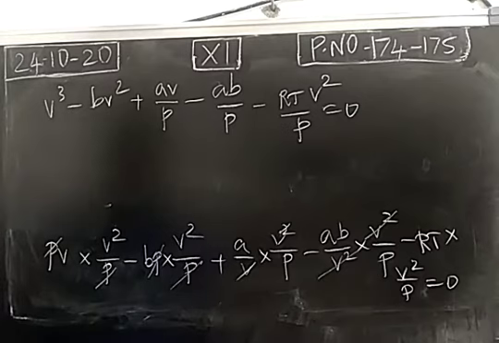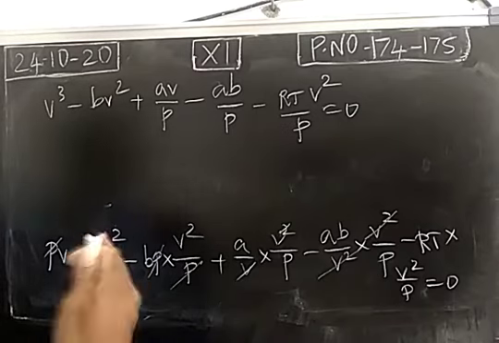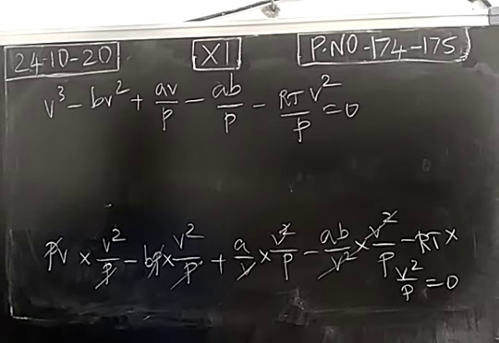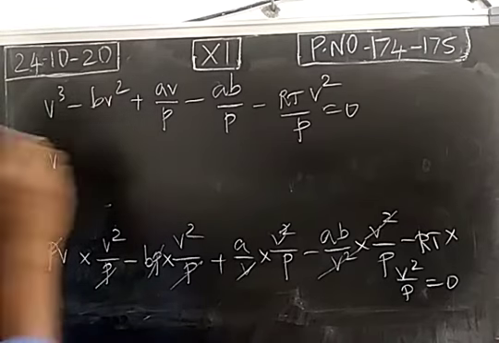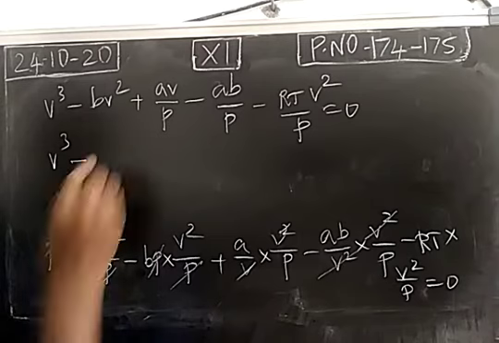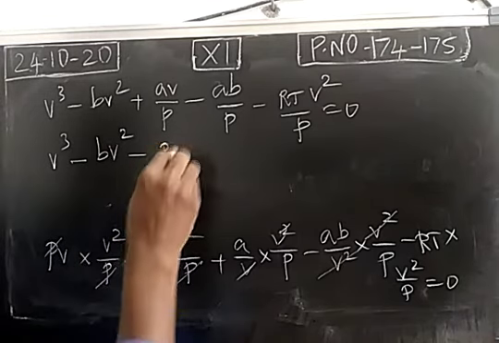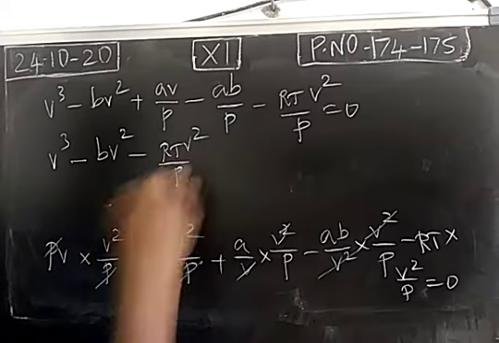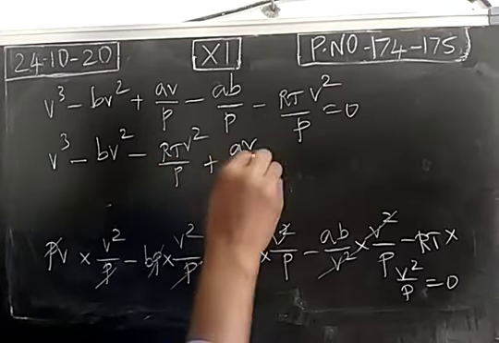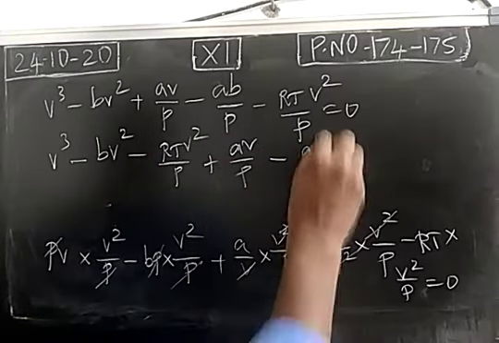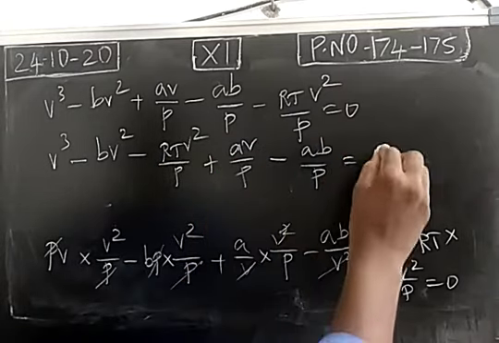So this can be rearranged in the order of powers: V cube, V square, V and constant. In this order we rearrange this algebraic equation. V cube minus bV squared minus RT V squared by P plus aV by P minus ab by P is equal to 0.